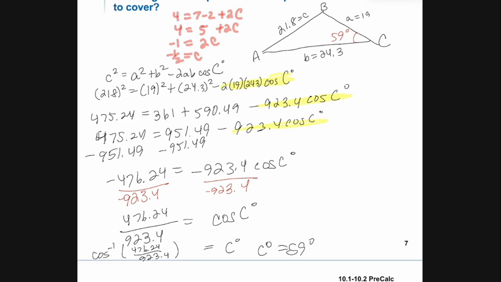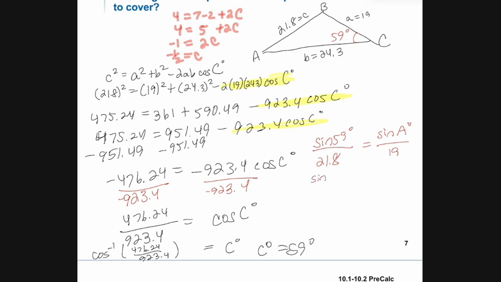So we can do the sine of 59 degrees over 21.8 is, let's just go, the sine of A over 19. Now, you could have just as easily done B. It doesn't matter. Now, 19 is our smallest side, so we should get an angle less than 59, okay? So we just need to cross multiply by 19.